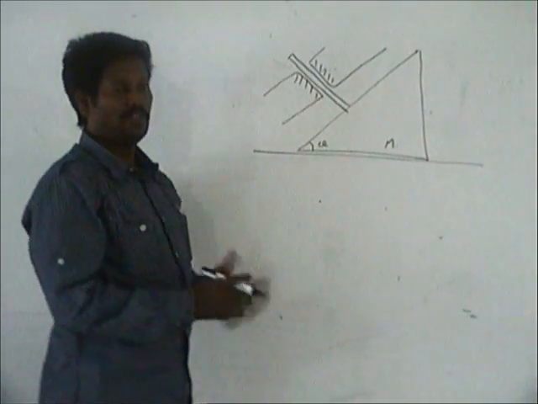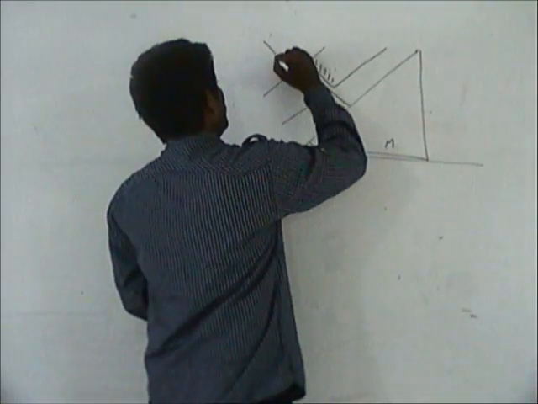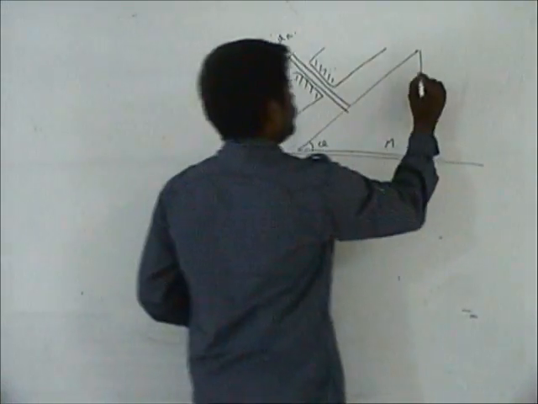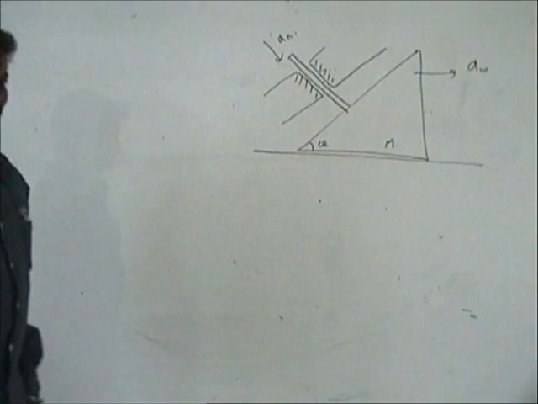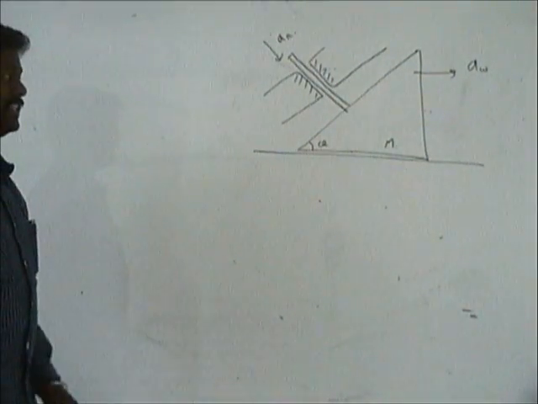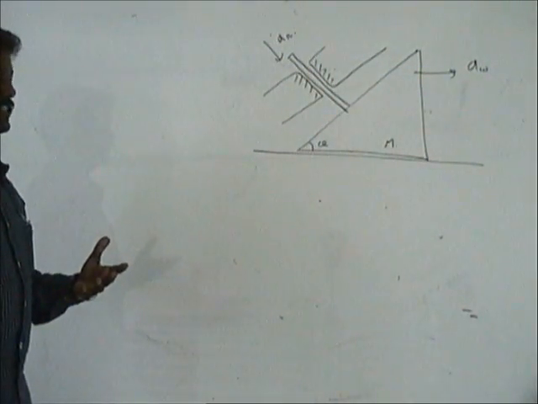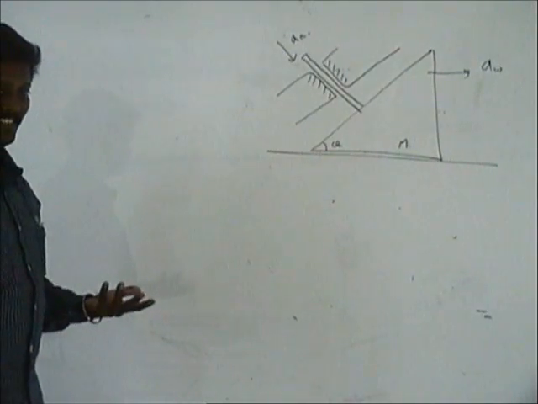Now we want to know the relation between the rod and the wedge. Once we get the relation, we can use conservation of energy and calculate the velocities.